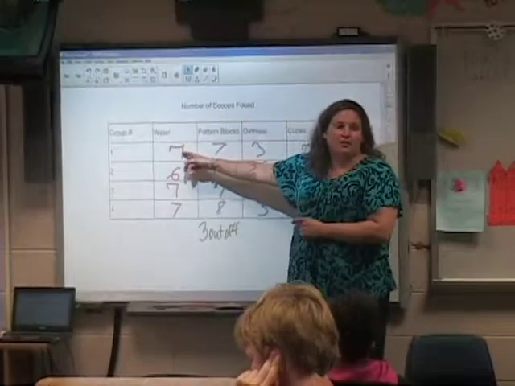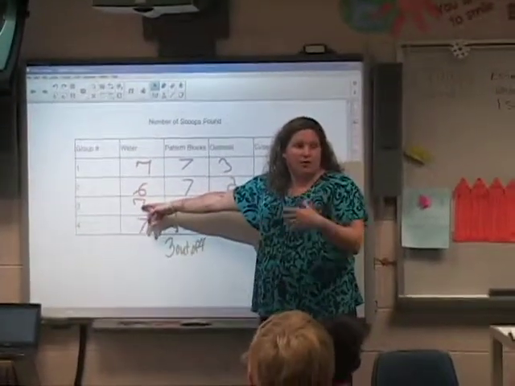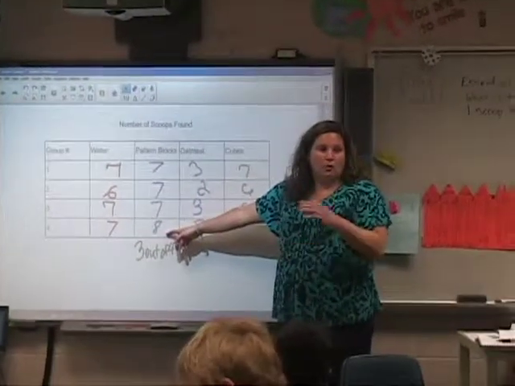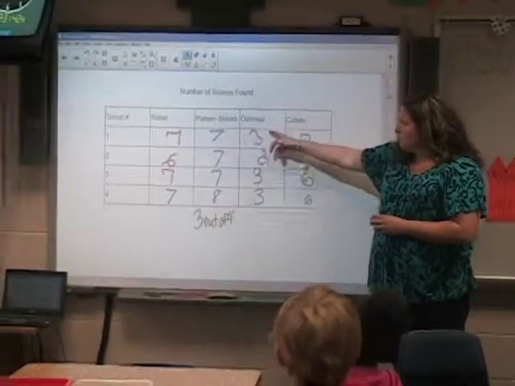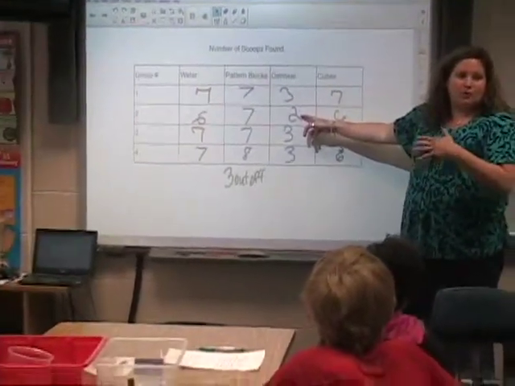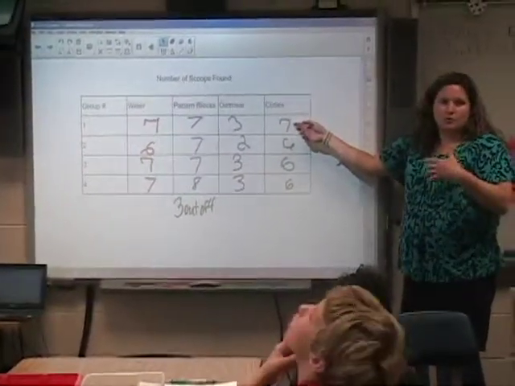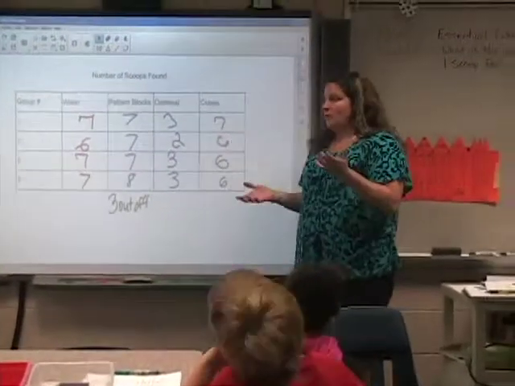So meaning you either got 7 scoops or you got 6. So it's one less, right? Here you have 7 scoops or you had one more, right? Here you have 3 is the majority or you had 2, which was one less. And then here you have 6 or you got 7, which was one more. So she's saying you were kind of close together. It only was away by 1 scoop.